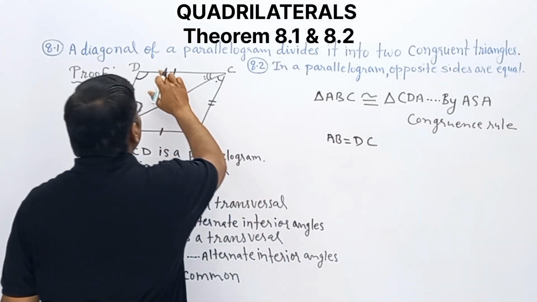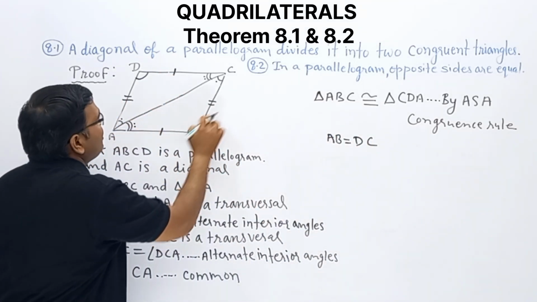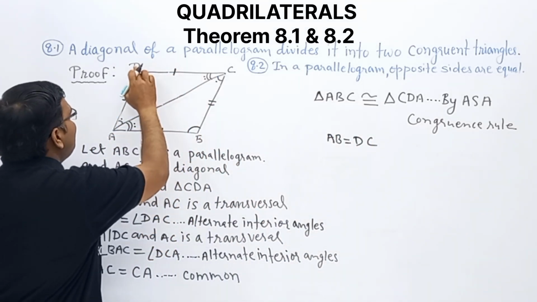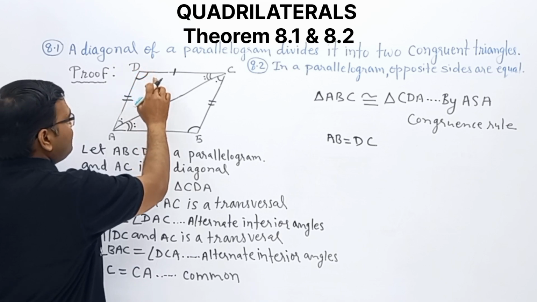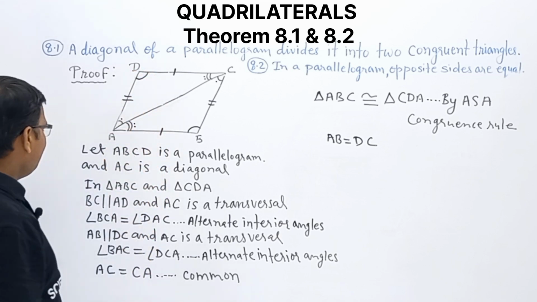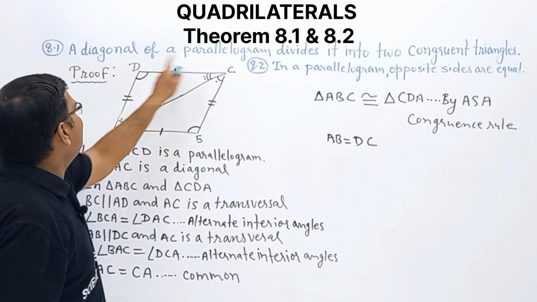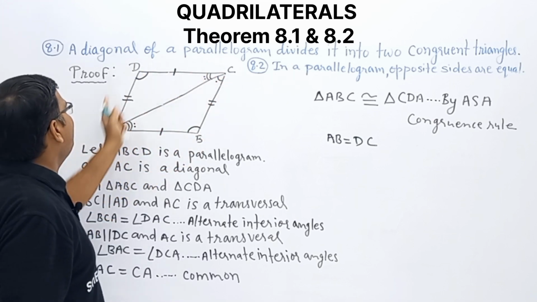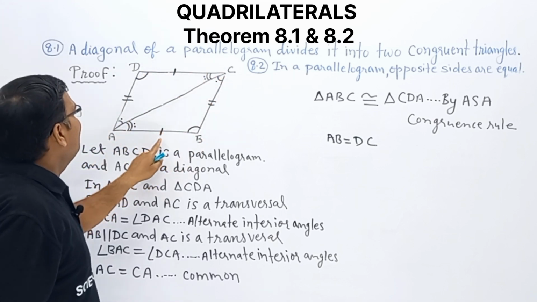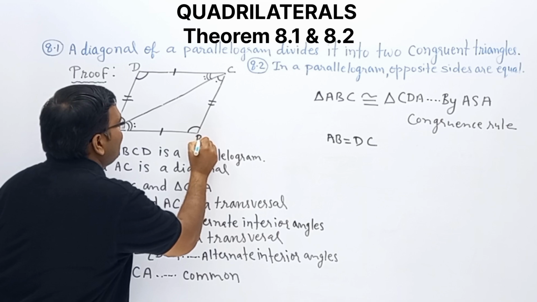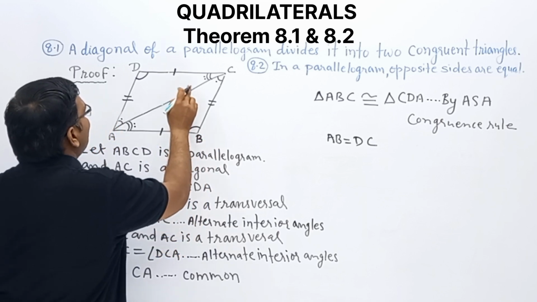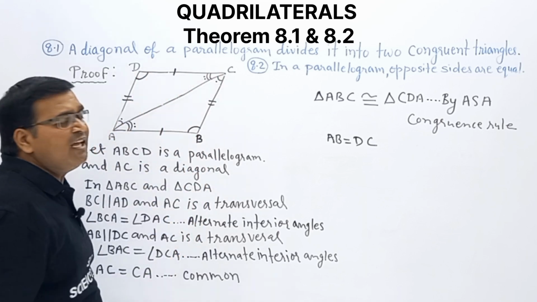Why is this one equal to this one? For triangle ABC, AB, and for CD, what triangle? Another one is CDA. For ABC and CDA, AB is equal to DC. Why?